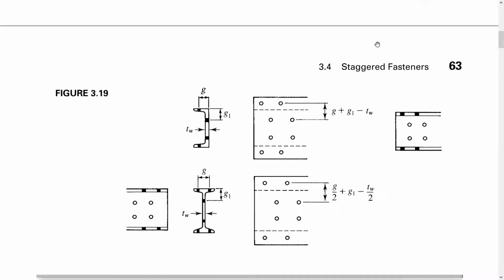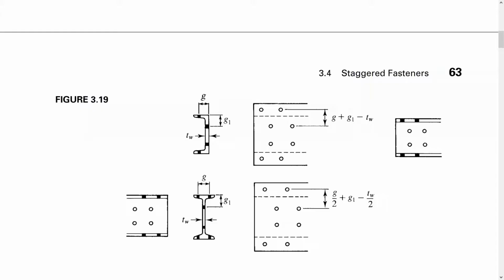for these cross sections. In this example, the C channel we had in example 3.8 has no line of bolts in the flange, but this one has. So what we can do is this: this is the line of bolts, this is the second line of bolts.